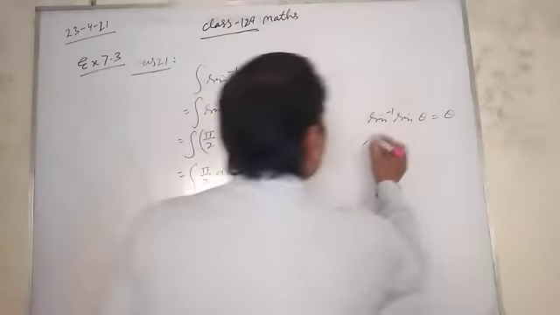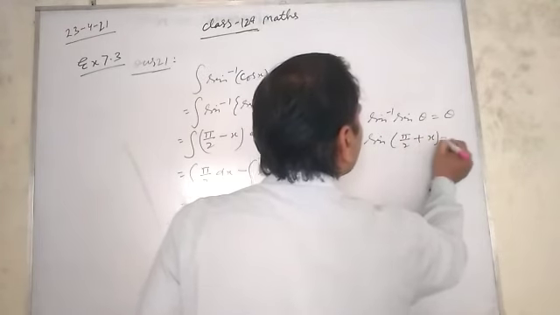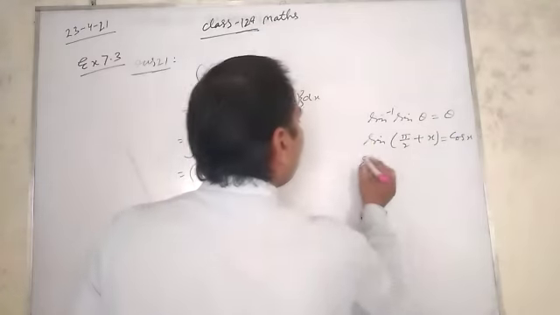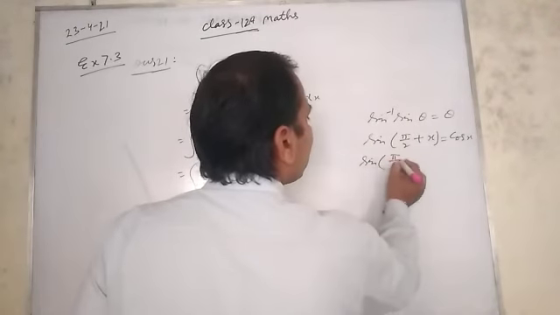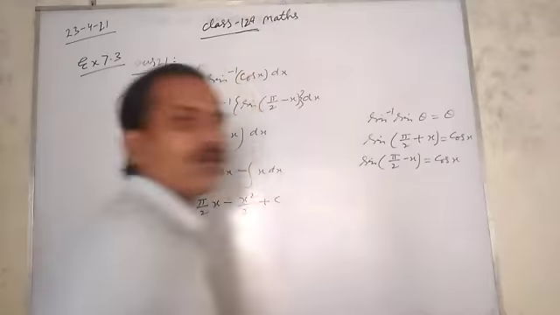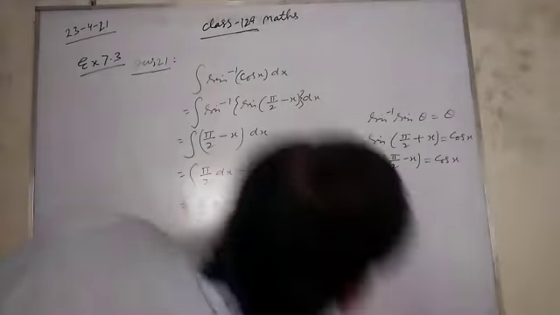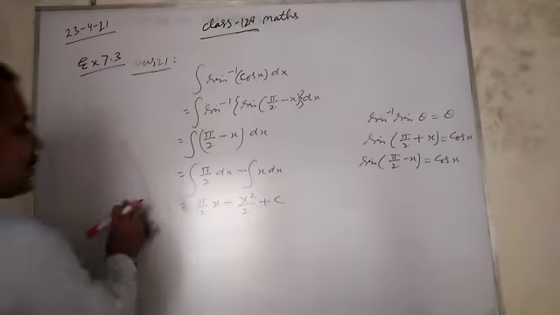You know that sin(pi/2 + x) is equal to cos x in the second quadrant, and pi/2 minus x in the first quadrant also. Sin is positive in both the first and second quadrants, so in place of plus you can write minus. Clear?